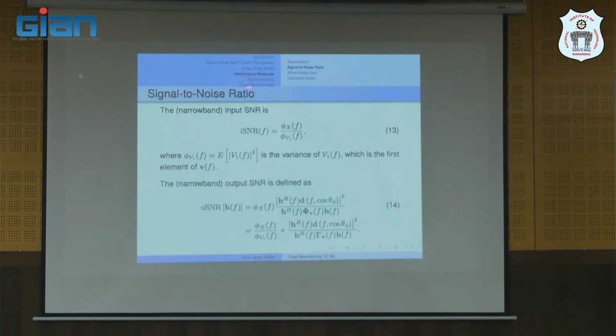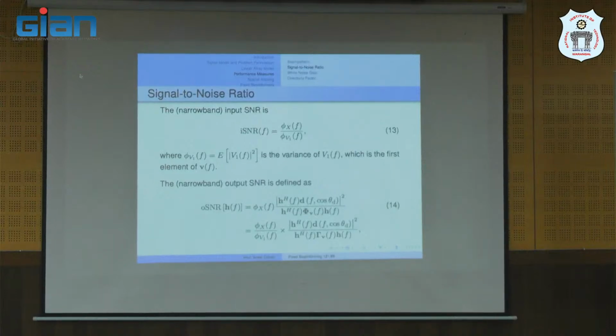So we found fixed beamformers. Yesterday we talked about the beamformer that maximizes the white noise gain, or the beamformer that maximizes the directivity factor. So now we would like to find a fixed beamformer that achieves some trade-off between them, one at the account of the other.